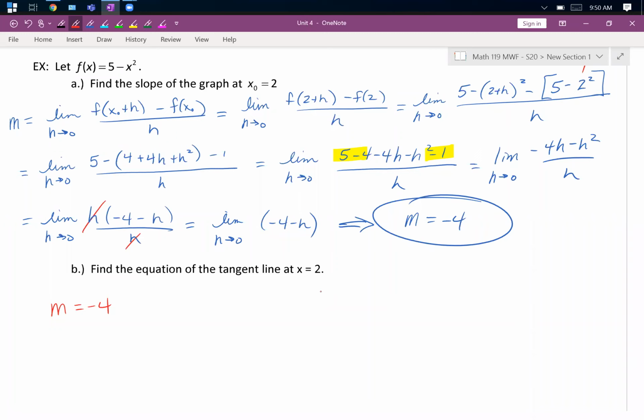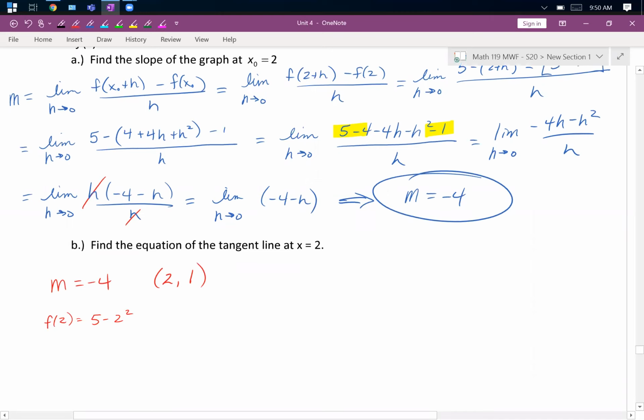They've given us x equals 2, but they have not given us the y value. So we'll take that 2 and plug it into our function f of x and get the corresponding y value. So we'll get 1.